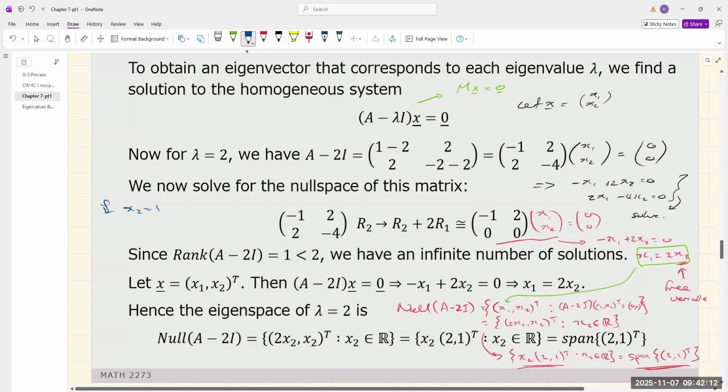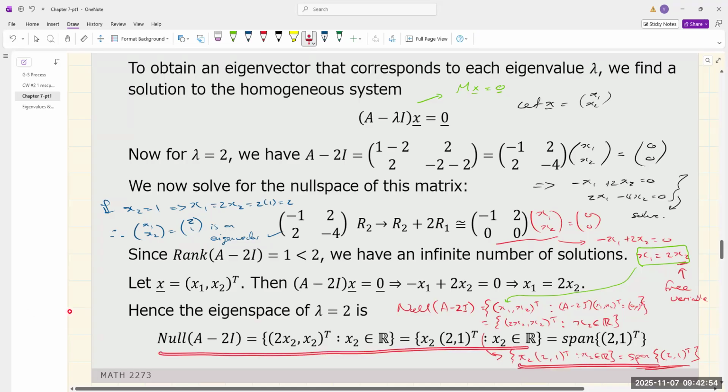If x2 equals 1, this means x1 is 2x2, which is 2 times 1, which is 2. Therefore, the vector (x1, x2), which in this case is (2, 1), is an eigenvector. And you're done. So if the question says, just give me one eigenvector corresponding to that eigenvalue, this is all you have to do. No need to get the full null space. But if the question says, give the eigenspace, then you need to write down this full null space.